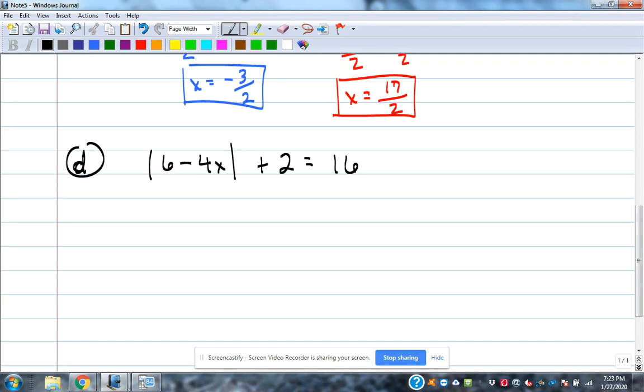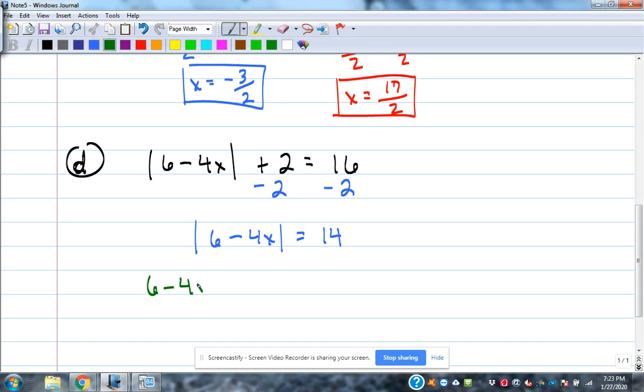So if we can get the absolute value by itself, it makes it look like the other ones we did, right? So how do I get the absolute value by itself? Yeah, just get rid of that 2 by subtraction. That's a good start. So we get the absolute value of 6 minus 4x is equal to 14. And absolute value is equal to a positive number, so this one's good to go. So we set that up and solve it.